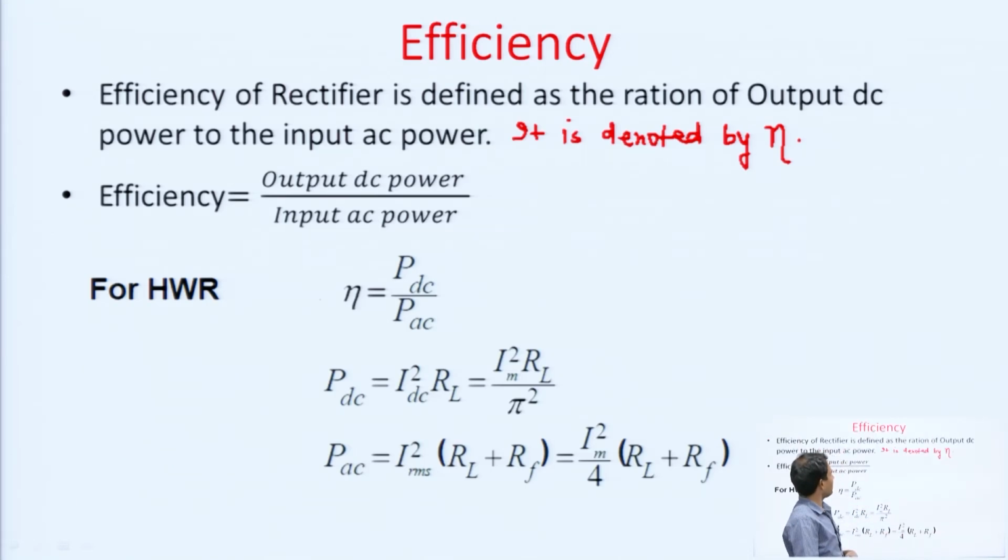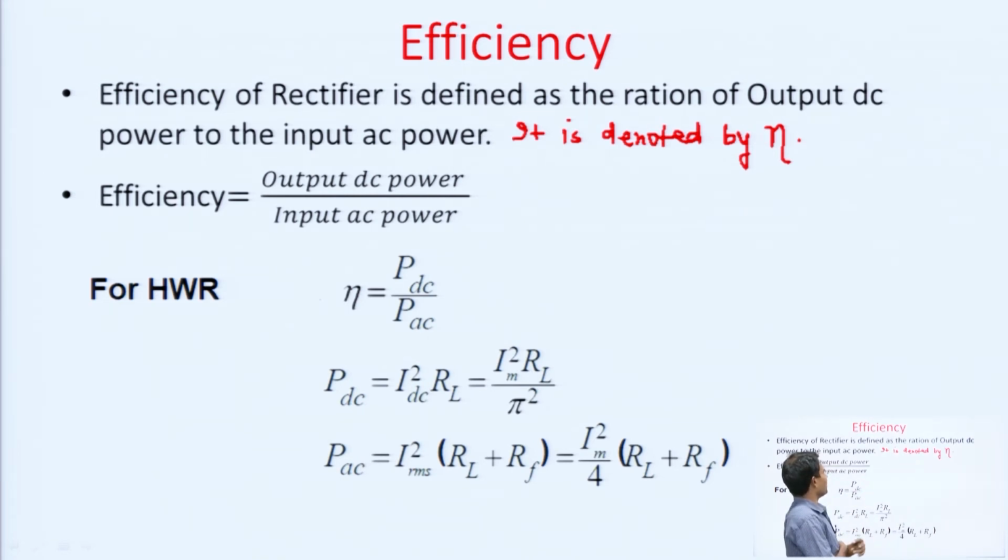Now, another parameter is the efficiency. What is efficiency? Efficiency of a rectifier is defined as the ratio of output DC power to the input AC power, because the objective of a rectifier is to get DC output.